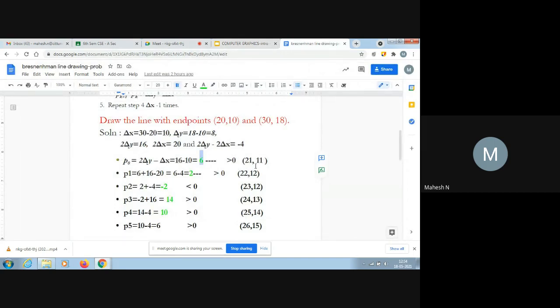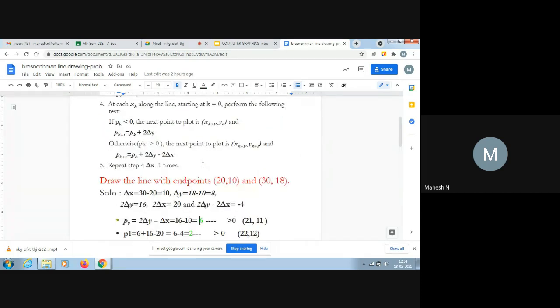That means I have incremented both x and y. Now from 21,11 I need to find out whether I need to go for 22,11 or 22,12. Obviously my decision variable is 6, which is positive, greater than 0.